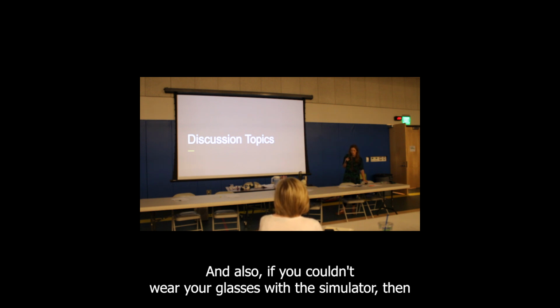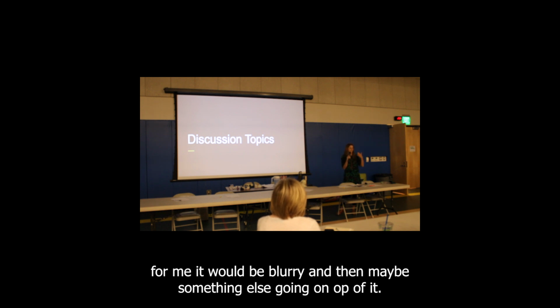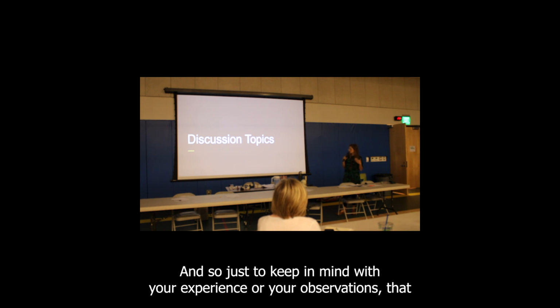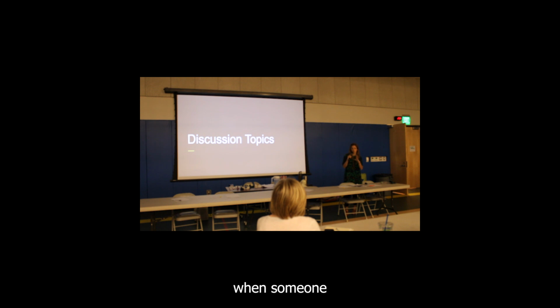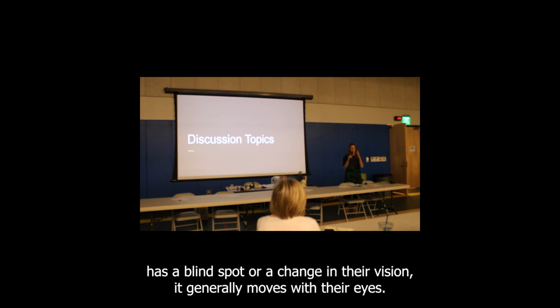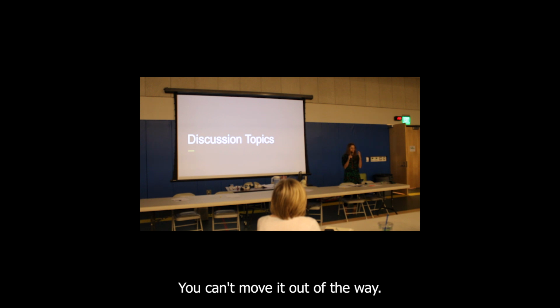Also, if you couldn't wear your glasses with the simulator, it would be blurry for me, with something else going on top of it. Keep in mind that when someone has a blind spot or a change in their vision, it generally moves with their eyes. You can't move it out of the way.